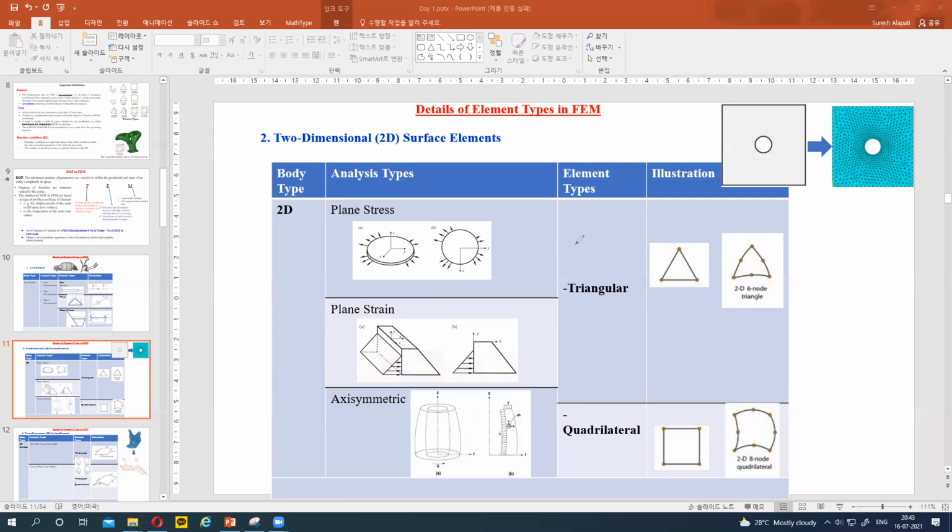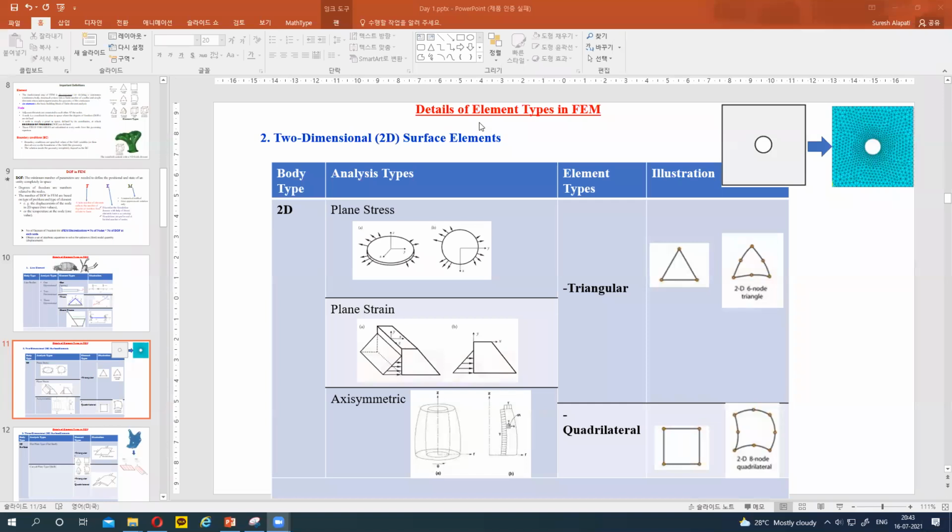So this is a two-dimensional surface body. What type of elements do we use? Triangular and quadrilateral. And what do we have to find here? U1 V1, U2 V2, and U3 V3. At each node, 2 degrees of freedom: displacement in the x direction and displacement in the y direction.